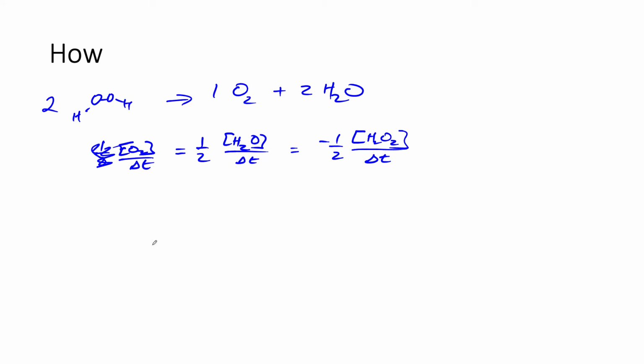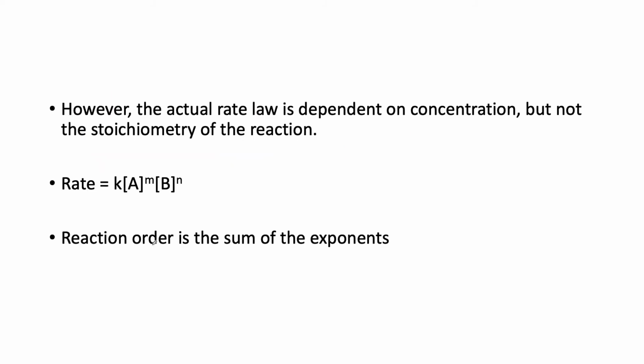But when we think of constants on rate laws, even though they're based on concentration, it's not based on the stoichiometry. It's actually based on how many react, so the number of collisions. Let me rephrase that: the number of atoms or molecules.